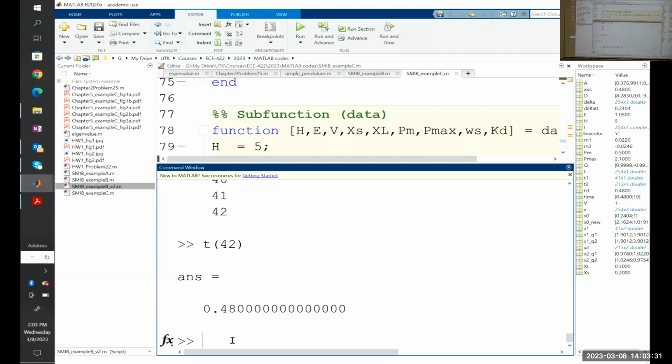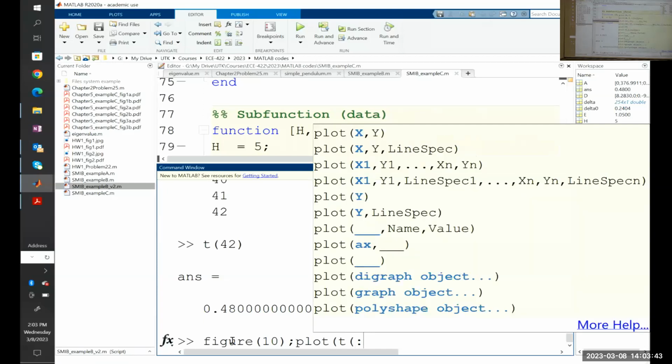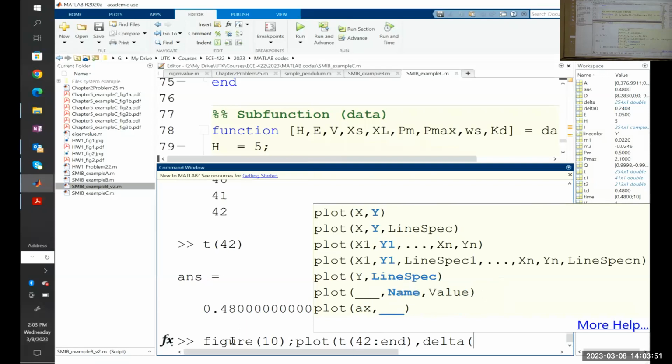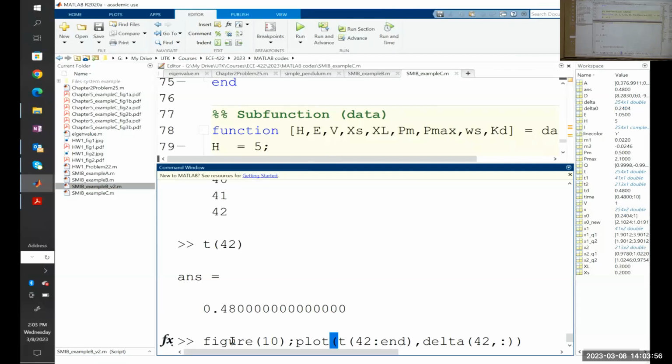So what we're going to do here, we're going to create another figure, figure 10, and we're going to plot the time from 42 to the last value. And we're going to plot the current, again from 42 to the last value, but for the current we're going to get the absolute value.